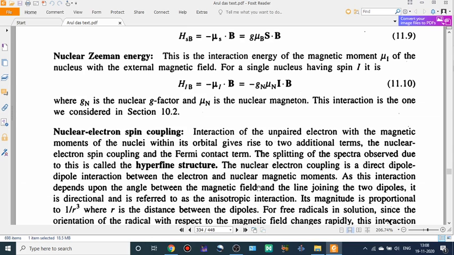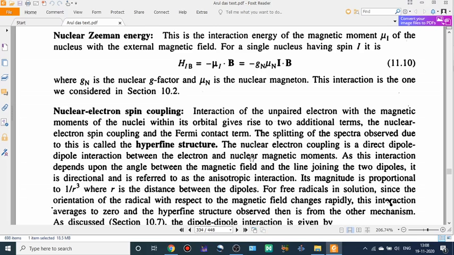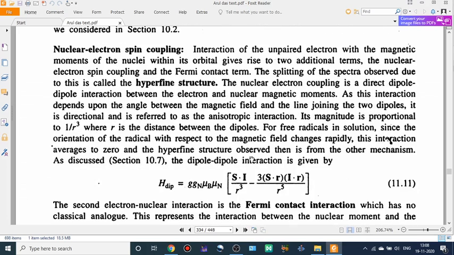In this we have two additional terms: the nuclear electron spin coupling, that is the coupling between the nucleus and the electron spin, and the other is the Fermi contact term. This energy entirely depends on the angle between the magnetic field and the line joining the dipoles.